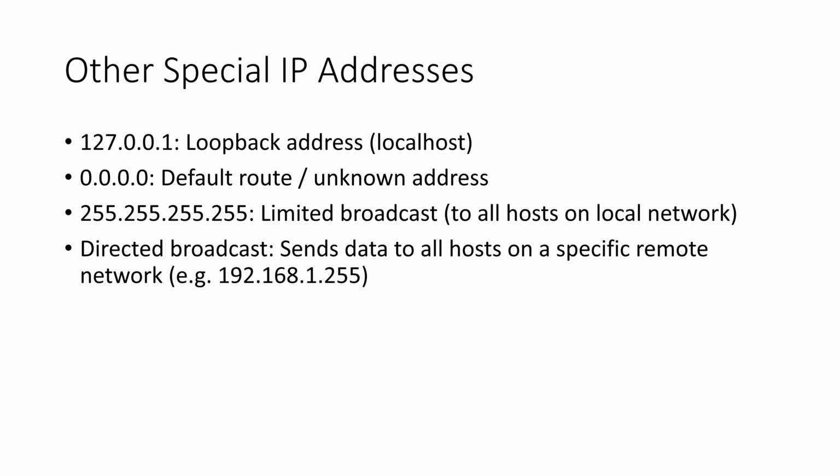IPv4 also reserves some special addresses for other purposes. So 127.0.0.1 is the famous loopback address, and it's used for testing network software locally on your machine. 0.0.0.0 is a non-routable address representing an unknown or unspecified default target, and 255.255.255.255 is the limited broadcast address, sending a message to all hosts within the local network.